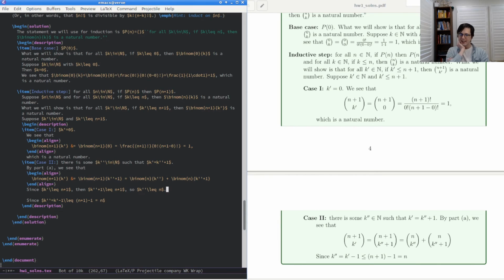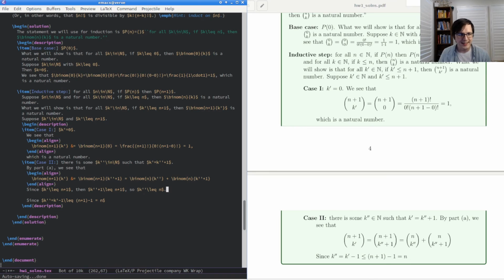Do I also have to have another case? I guess I have to have another case. I didn't realize this. Another case for when k double prime plus 1 equals n plus 1, which is definitely a possibility. Interesting.